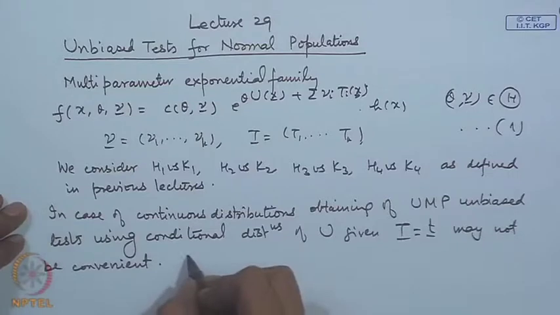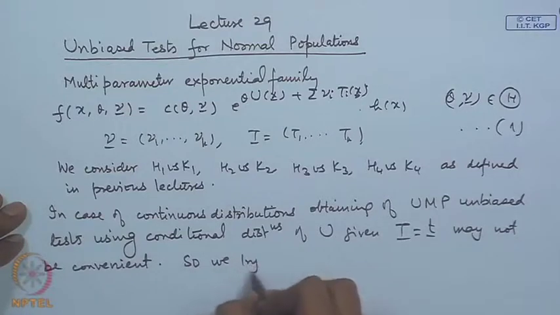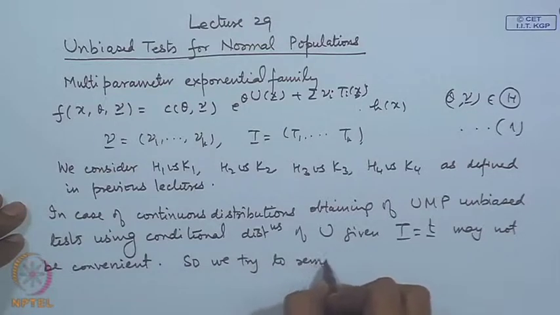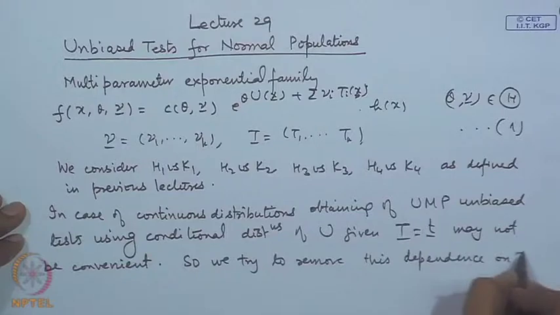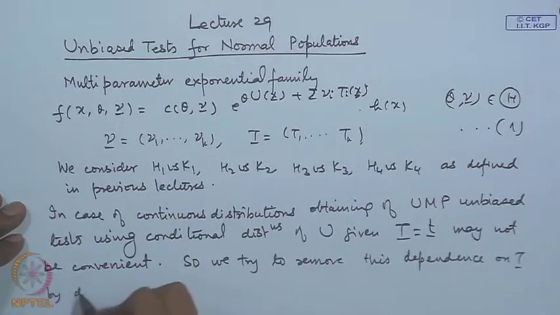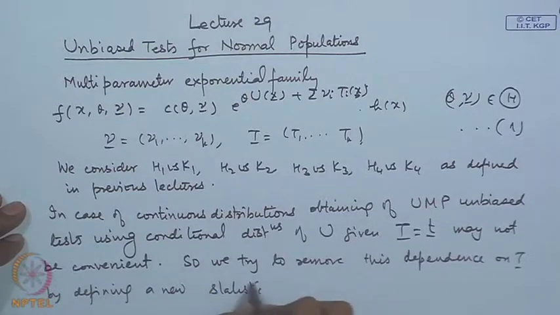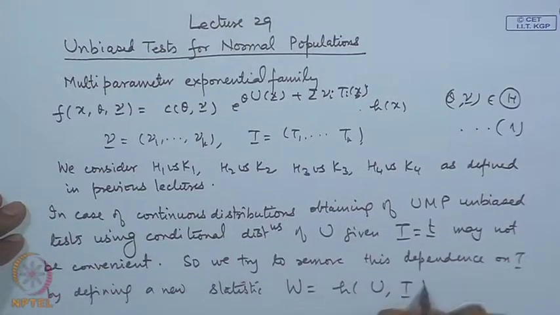So, we try to remove this dependence on t by defining a new statistic. Let us call it w, equal to a function of u and t.